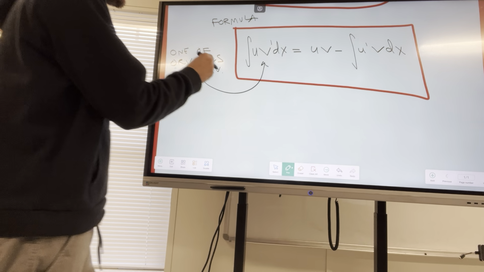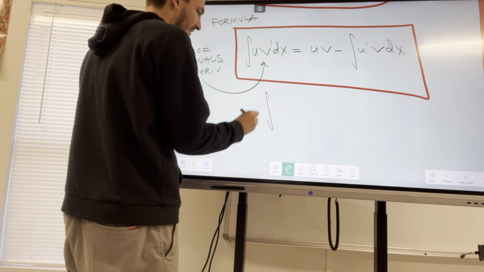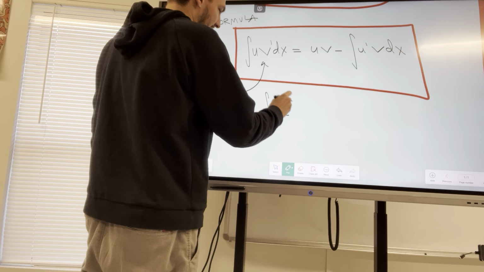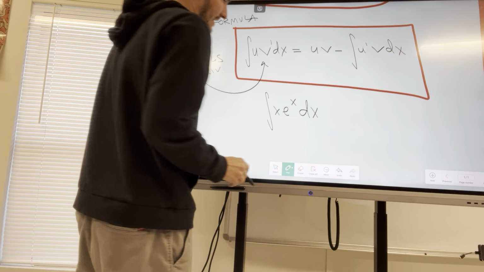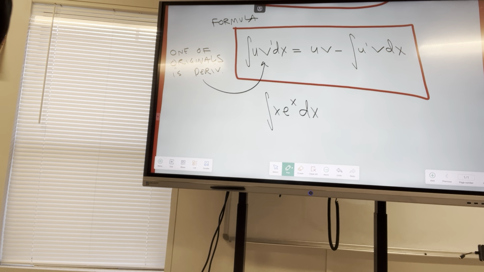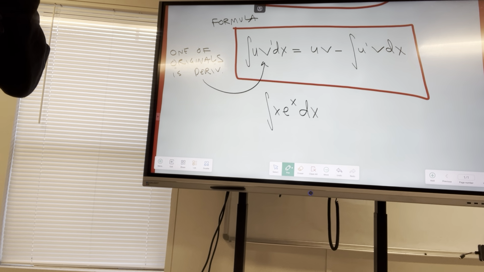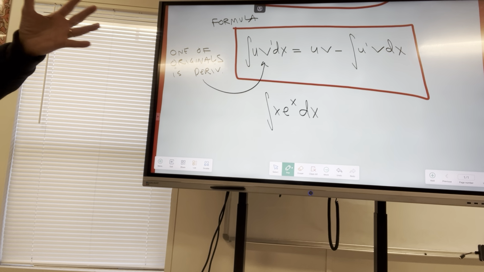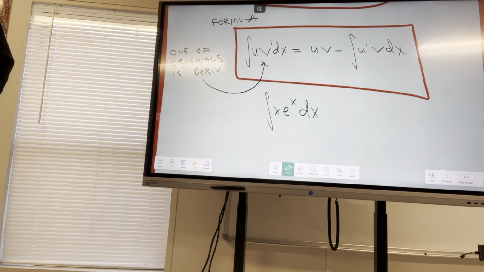So, let's look at our question here. We've got the integral of x e to the x dx. Now, this to me is one of those topics where if you don't think about it too much, it's a little bit easier.